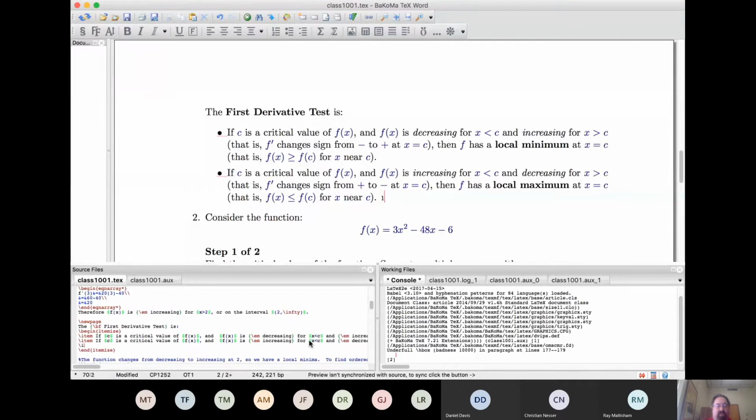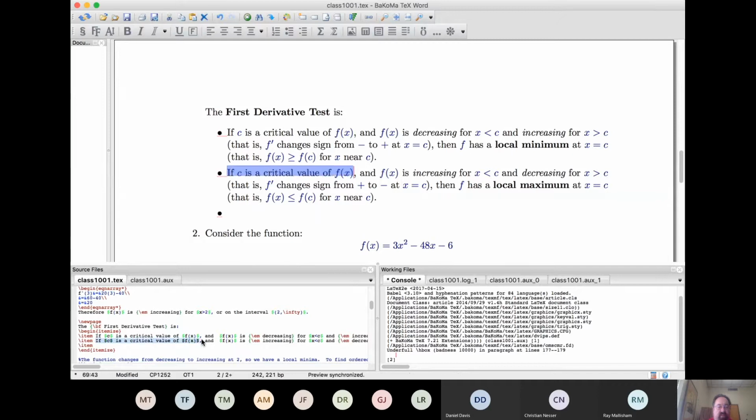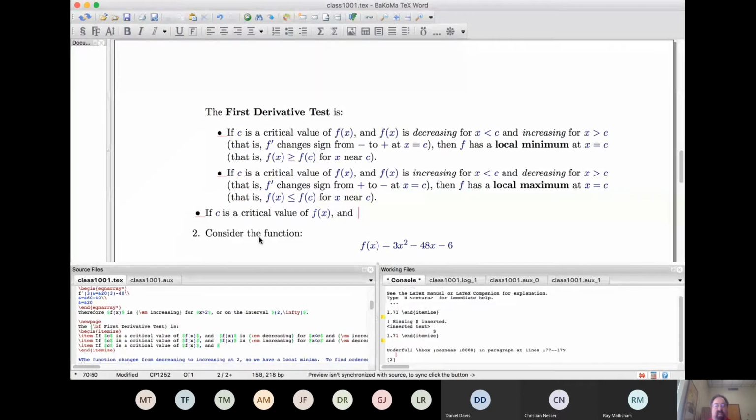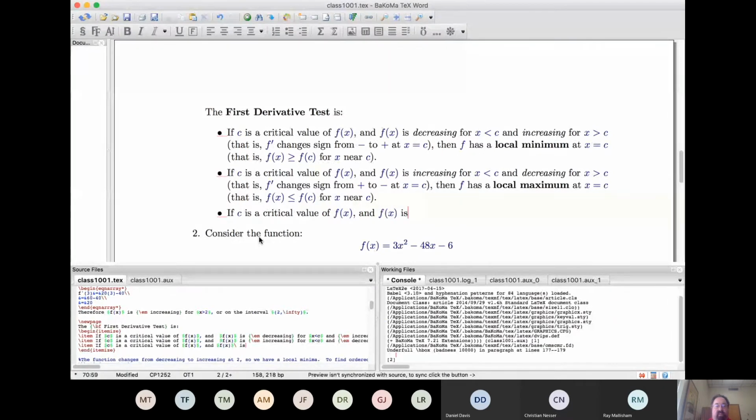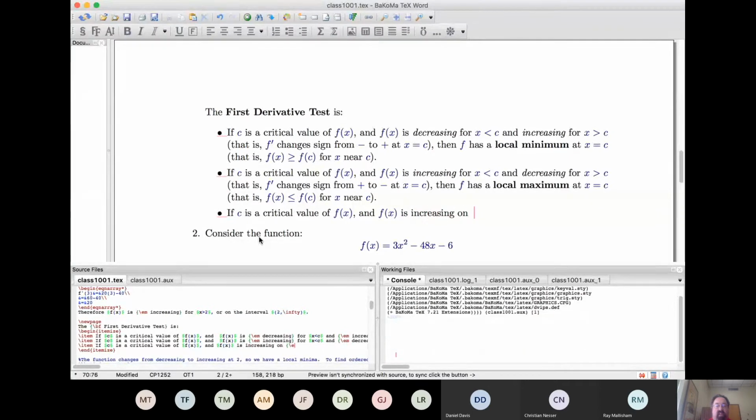Now, what about the other possibilities? So c is a critical value, and f is increasing on both sides.